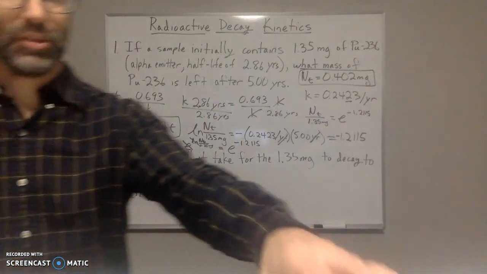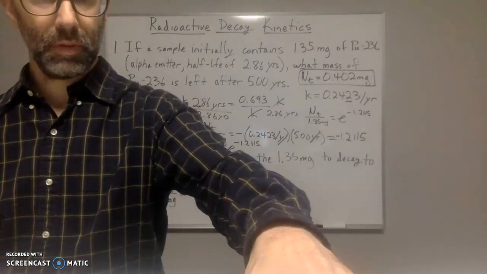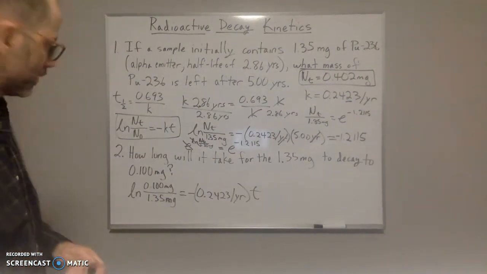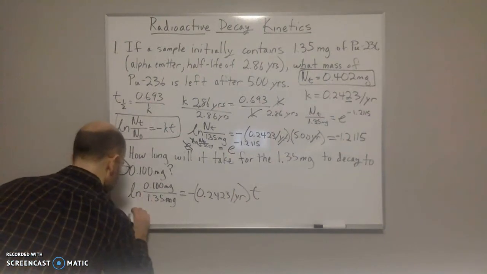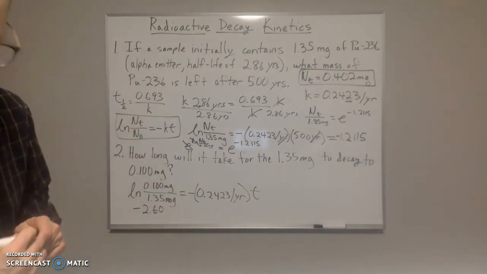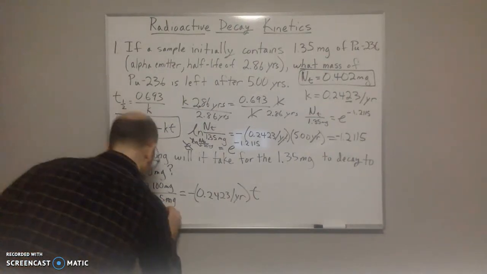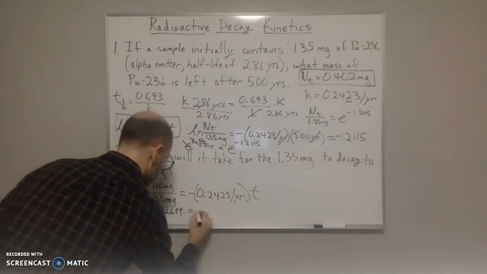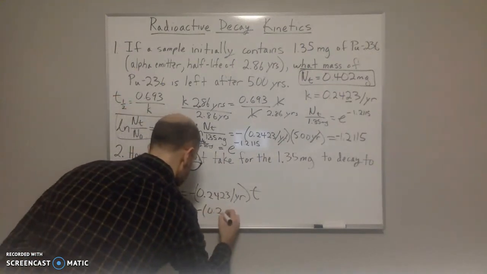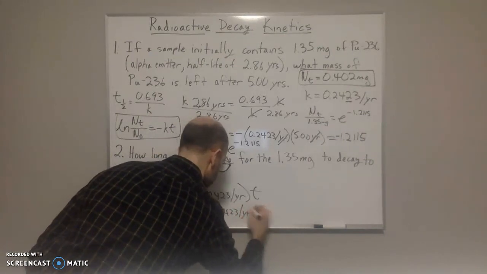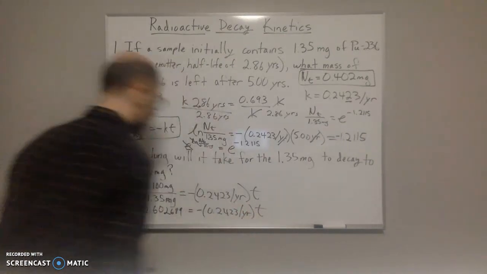If I do that, I get negative 2.6 and some other digits, and that's going to be equal to negative 0.2423 per year times the time.